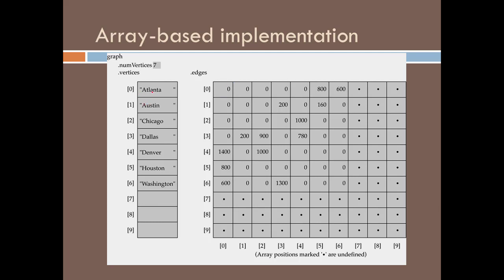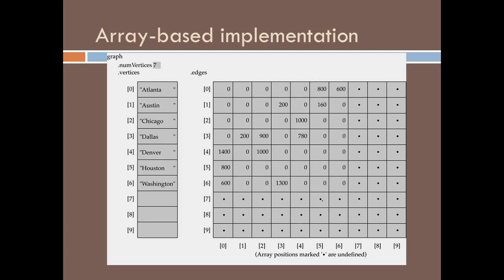So at index 0 we have Atlanta. At index 1 of this array we have Austin, then Chicago, Dallas, Denver, Houston, and Washington. Now we have a two-dimensional array of, say, 10 by 10, 0 to 9, and we put in the values. For example, this 0 is connected with this 800, value 800. It means this one is connected with the 5th.